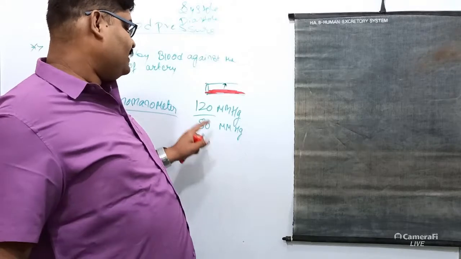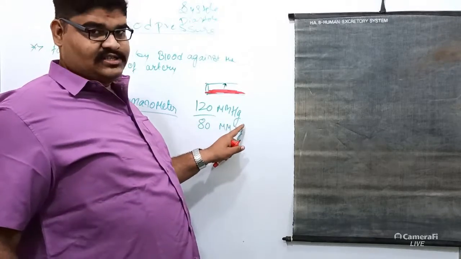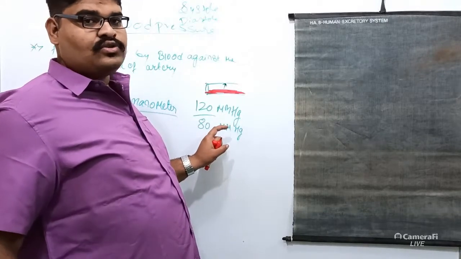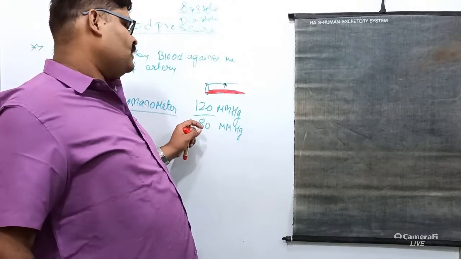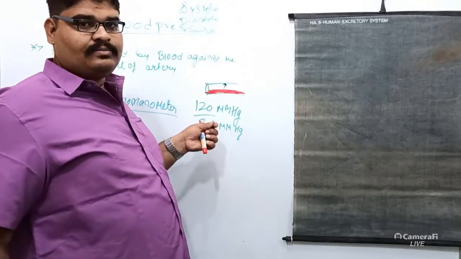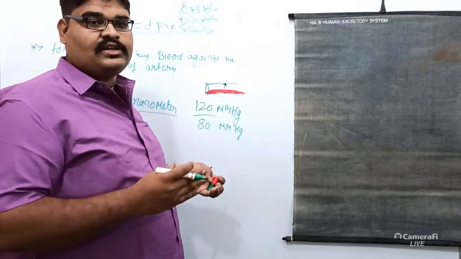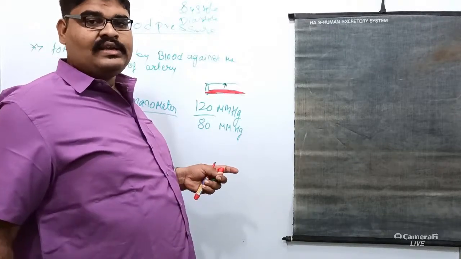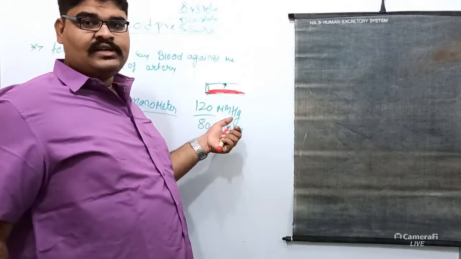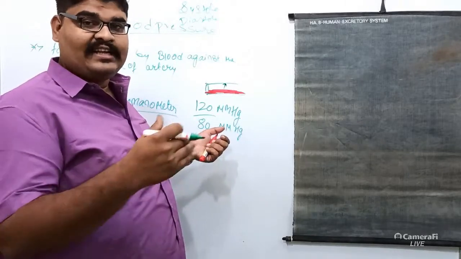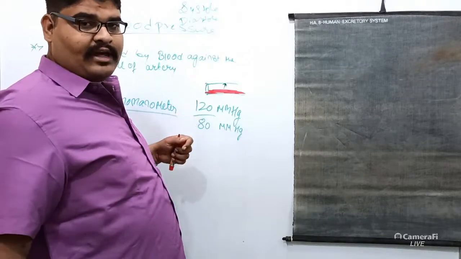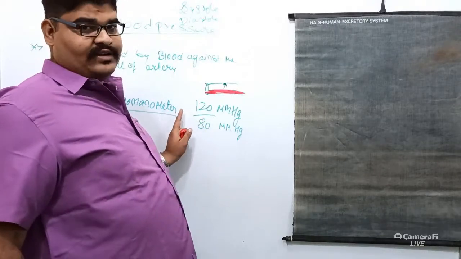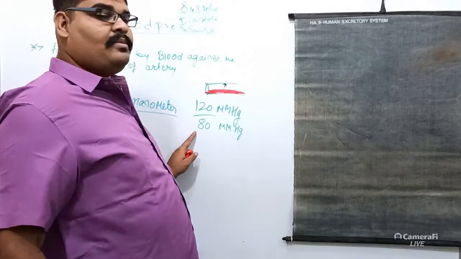It is measured in millimeter Hg, which is the unit of measurement. The pressure exerted by the blood against the wall of the artery is measured by how high it pushes the mercury level in the sphygmomanometer. That is the reading we get, 120 by 80 mmHg.